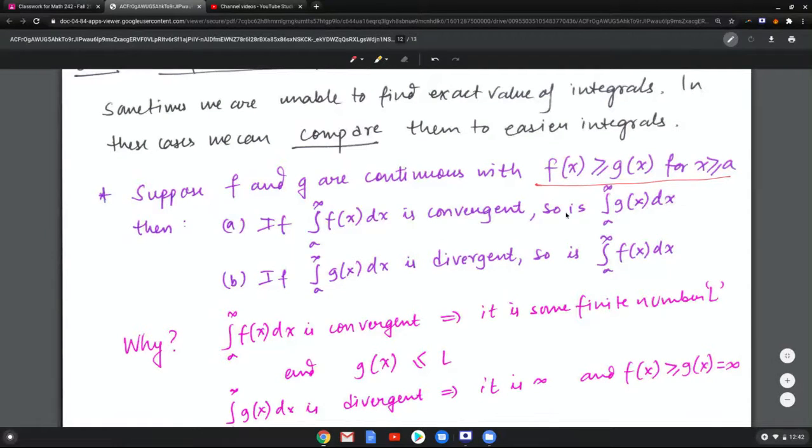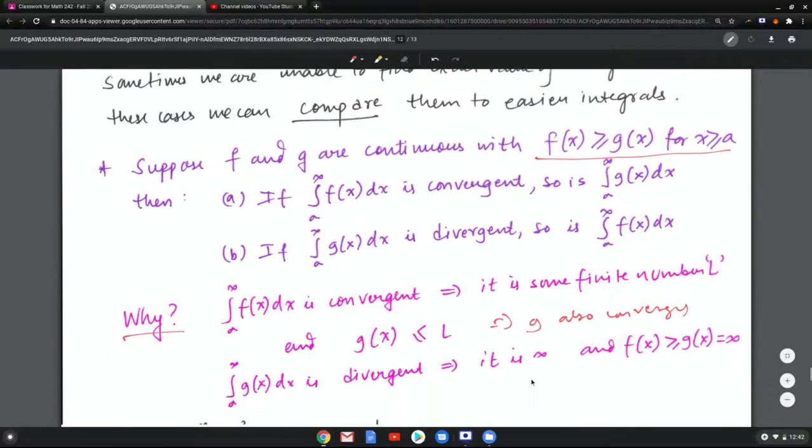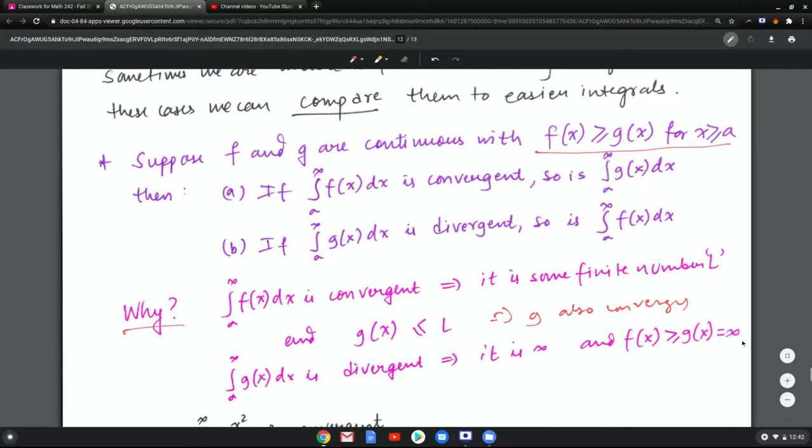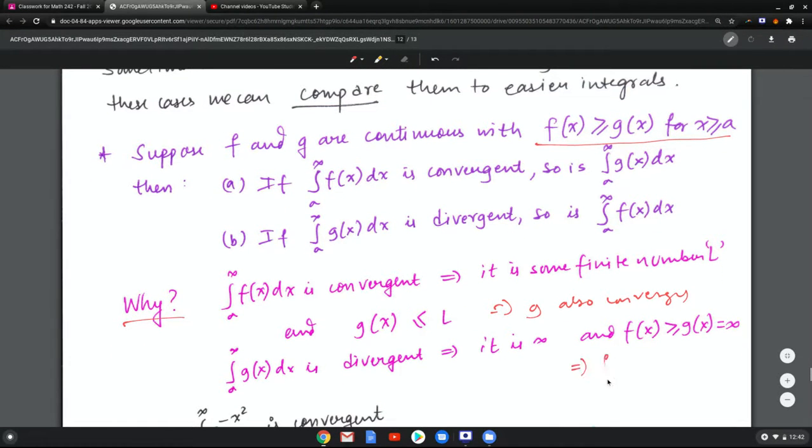Then if f is convergent, then so is g. If g is divergent, then so is f. Roughly, why? f being convergent means it is some finite number L. So g is less than L, so g also converges. g being divergent means it is infinity, and f greater than g being infinity means f also diverges.